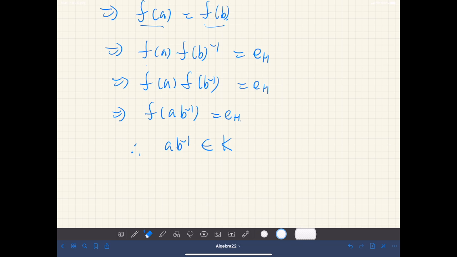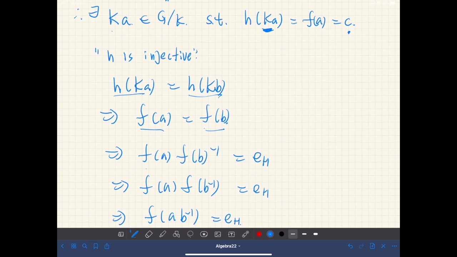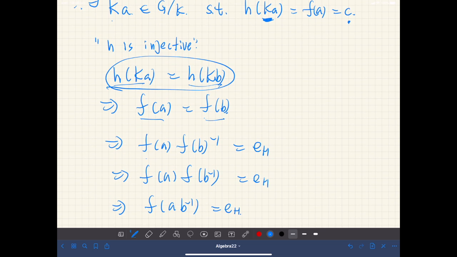But this is equivalent to the coset Ka being equal to the coset Kb. So if this is true, then Ka is equal to Kb. Therefore, H is injective.